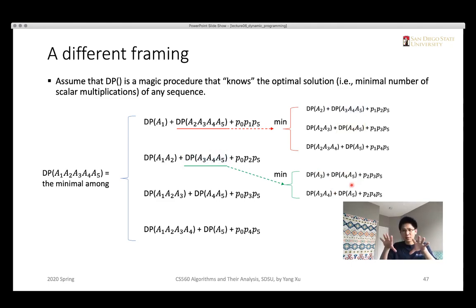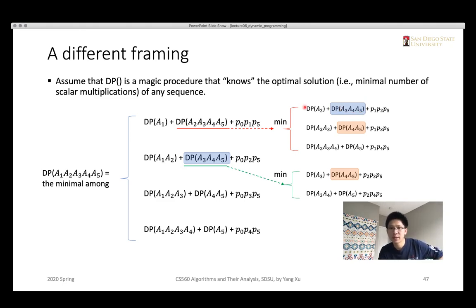Okay, so now is the key point. In order to solve all these subproblems, we already see that there are a whole lot of overlaps, right? In order to solve this subproblem in red color, we must solve dp from A3 to A5, this smaller subproblem, right? In order to solve the red one, we must solve this blue one.